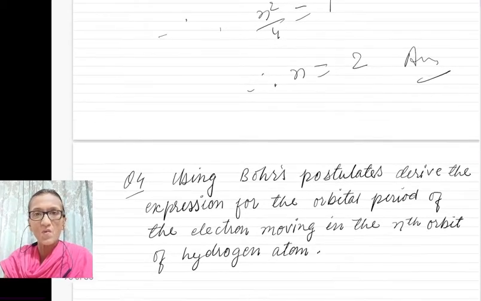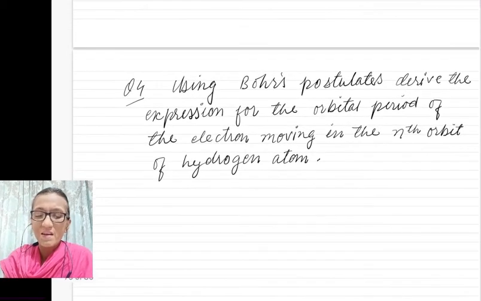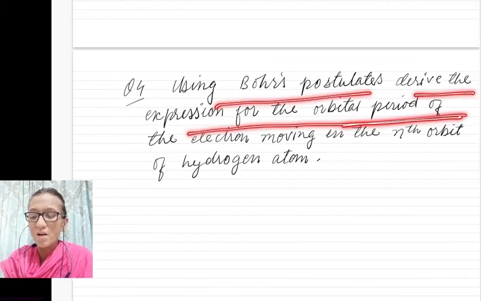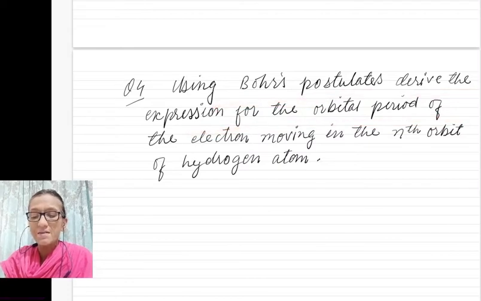Now question number 4. Using Bohr's postulate, derive the expression for the orbital period. You have to find out the time period of an electron moving in nth orbit.